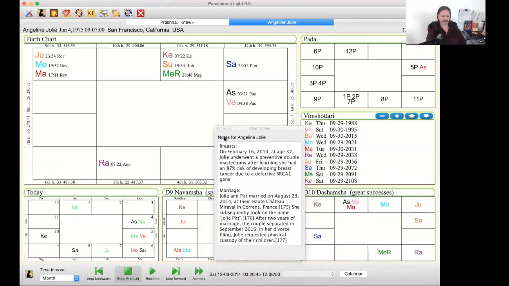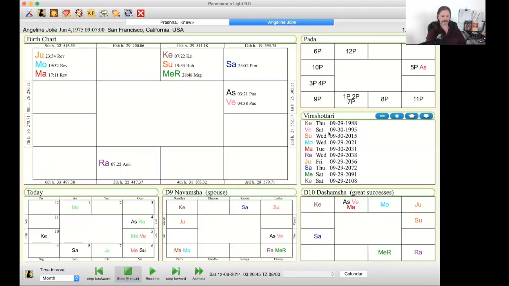and then she was in Venus Ketu, and then we scroll down, we'll see it was Venus Ketu, and then by the end of that transit through Libra, she had gone into the Sun Dasha.